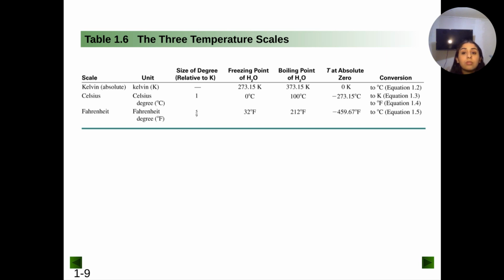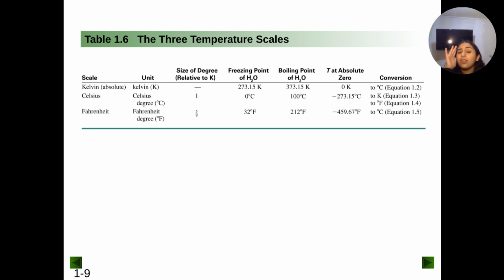So Kelvin is absolute. The symbol is K. It lists the freezing point, the boiling point, absolute 0, and how to convert it. Remember, Kelvin only has the letter, without the degree symbol.